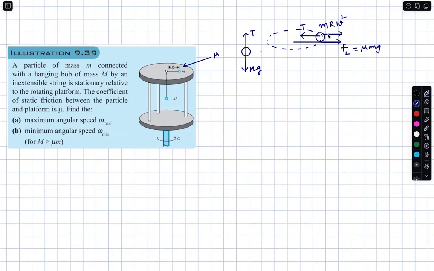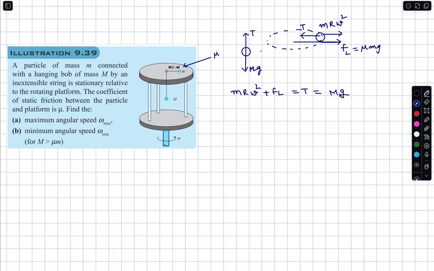No, sir, you are cheating somewhere. No, hold on. If you agree with this diagram for a while, m r omega square plus f_L is T, which is the same as mg. Increasing the speed, I am trying different omegas.